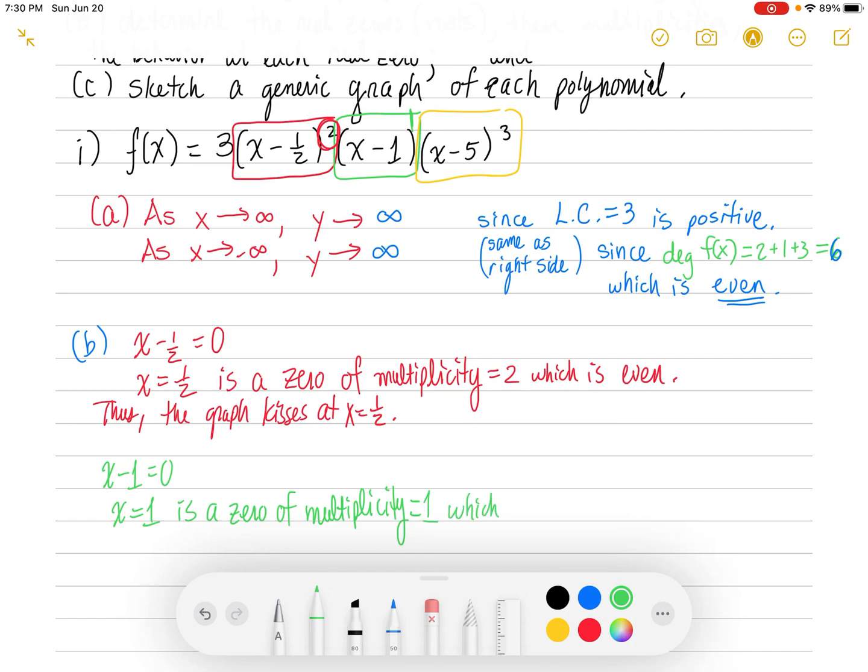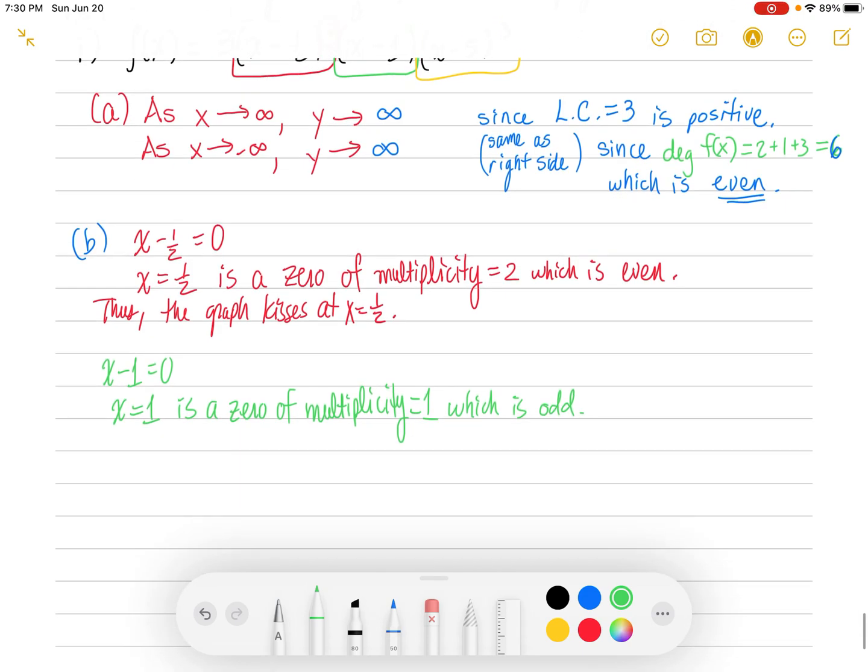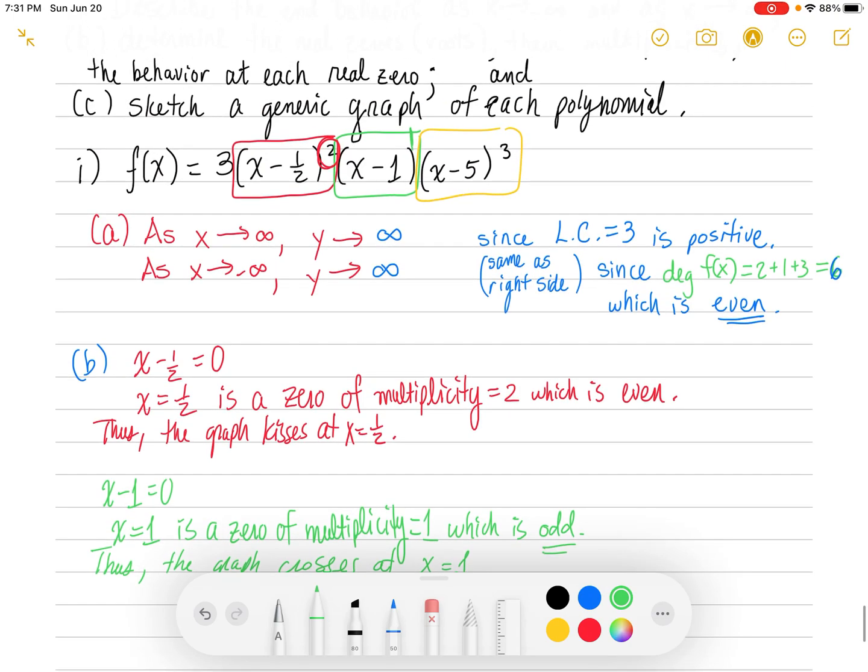So just write 1 as its multiplicity, which is odd. So that means the graph crosses because we have an odd multiplicity at x equals 1. Thus, the graph crosses at x equals 1.